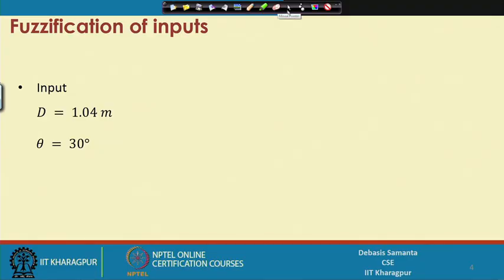So, these two inputs will be given to the controller as crisp inputs. The fuzzy controller will transform these inputs into fuzzy ones. So, we will discuss how these two inputs can be converted to fuzzy inputs.